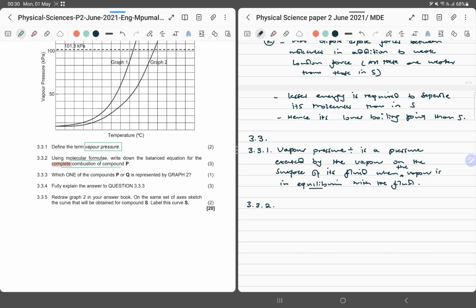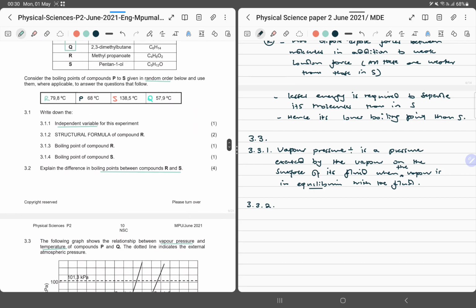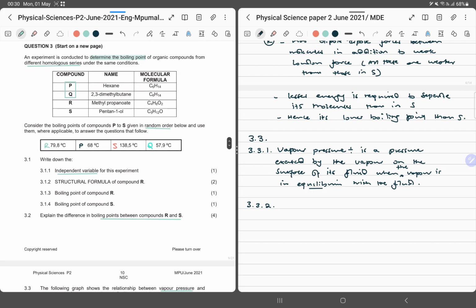So we have to use the molecular formula for compound P. They've already given us the molecular formula, so it's C6H14 plus oxygen in excess. And that gives us carbon dioxide plus water vapor.